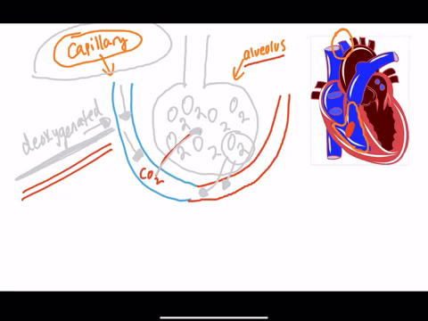And since now the blood is oxygenated, instead of being a capillary, now it's going to be called a venule. Because the capillary comes in as a capillary carrying deoxygenated blood away from the heart and to the lungs.